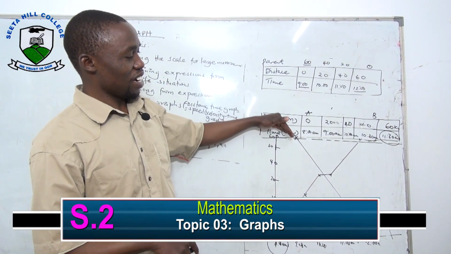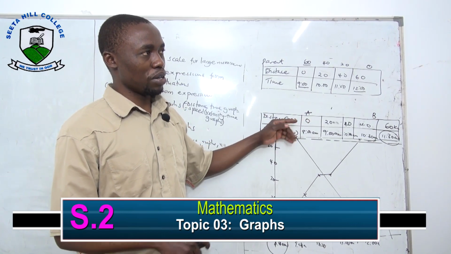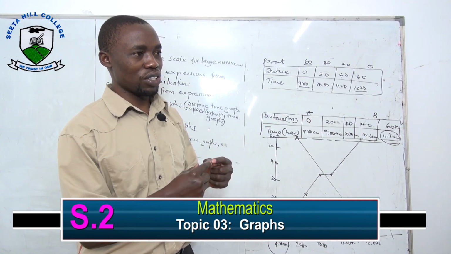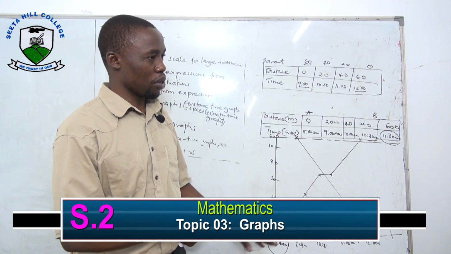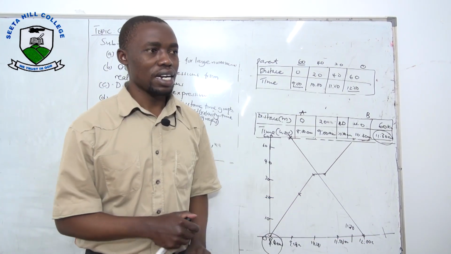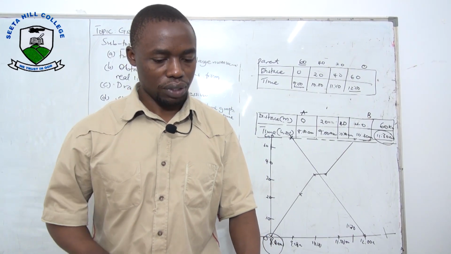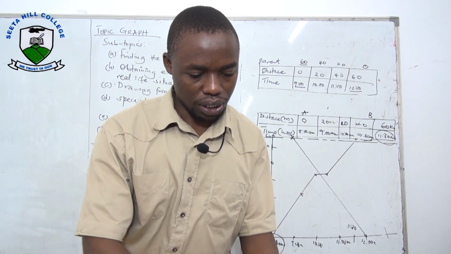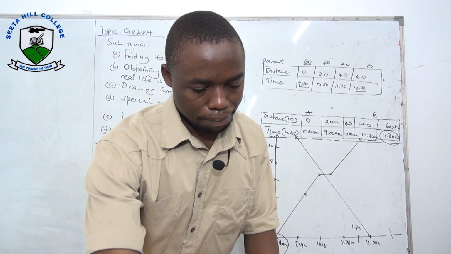Now, this interpretation is for when people are moving in opposite directions. But if two people were moving from the same point, you would handle it from the same side they are going up. Okay. Now let me read these questions for you because of time.